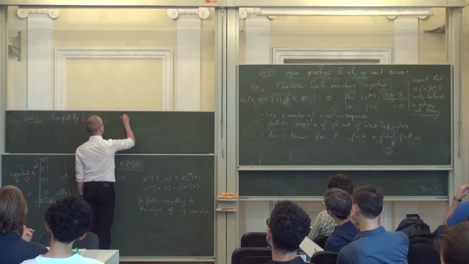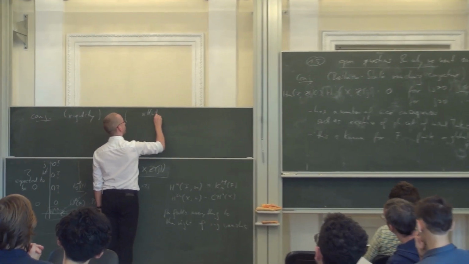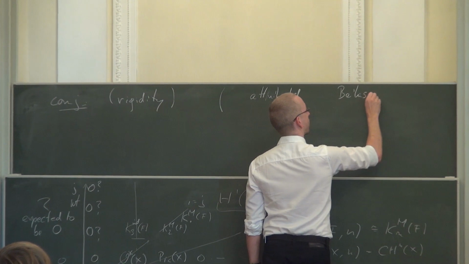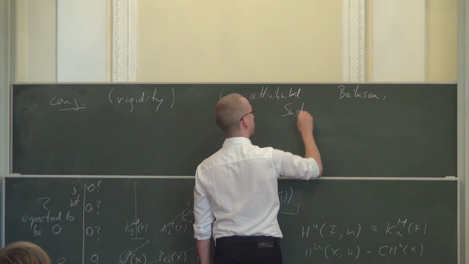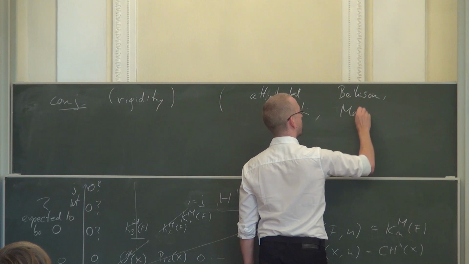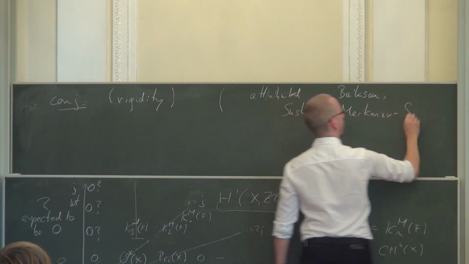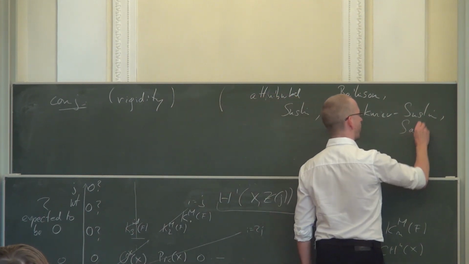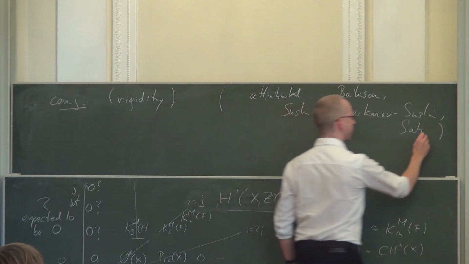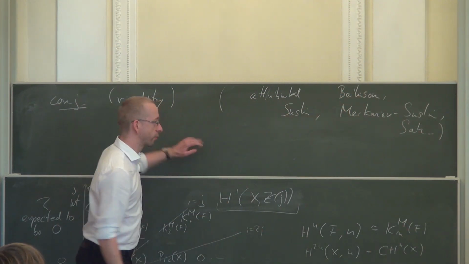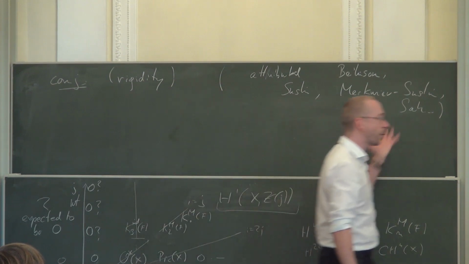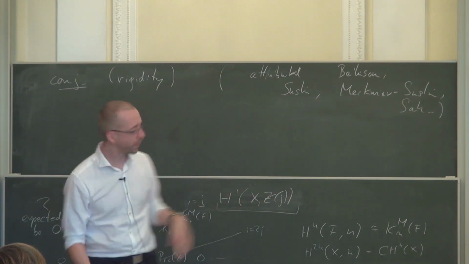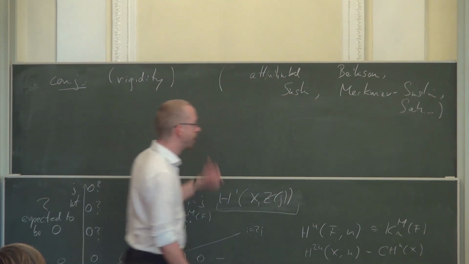But in various sources, this is attributed sometimes to Beilinson, sometimes to Suslin, or Merkurjev-Suslin. I actually also found a source attributing it to Soulé. It's a very natural conjecture, and probably any of these people were aware of the importance of the conjecture.